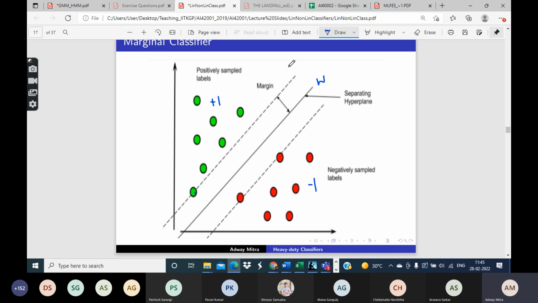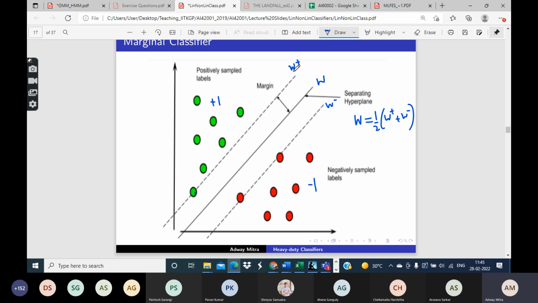Let us call them W plus and W minus. Then we can find a W which is exactly parallel, halfway between the two. So we can define W as half of W plus and W minus.